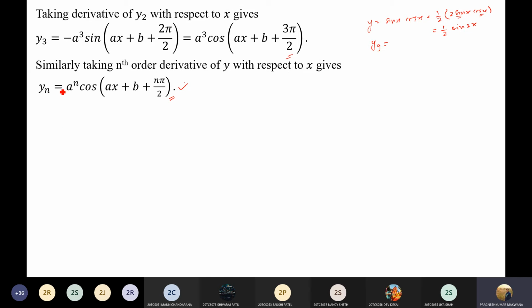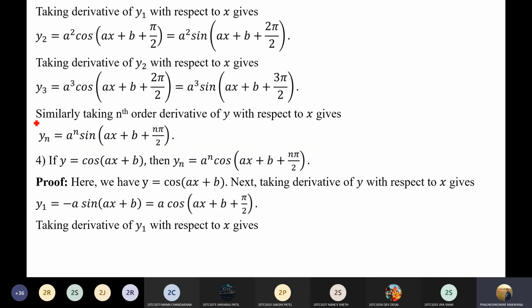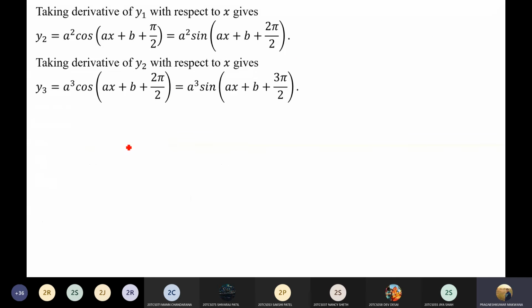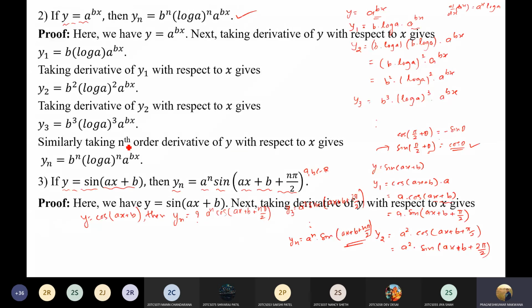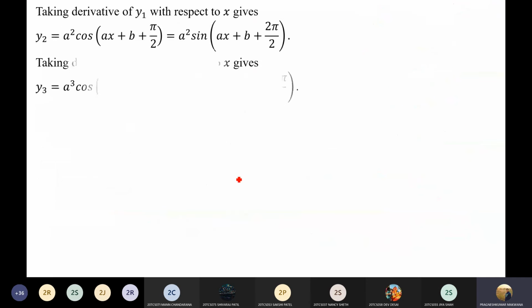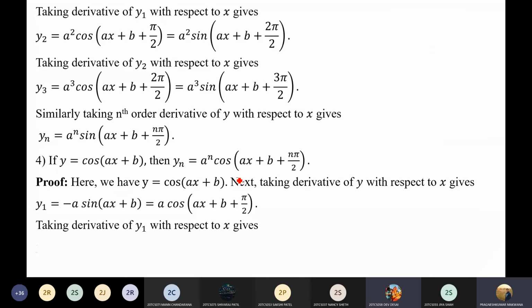So now compare this with sine 2x, so here we can use this formula. What is the value of a? The value of a is 2 and the value of b is 0. So by using this formula, the answer is a raised to n sine 2x.